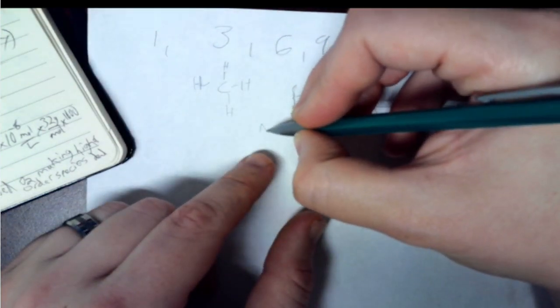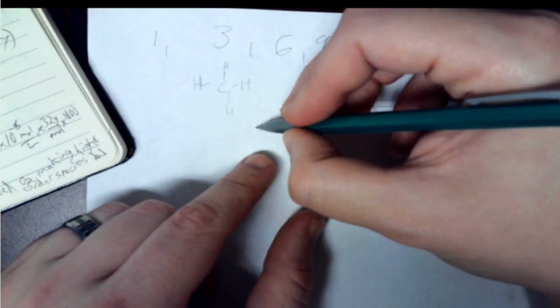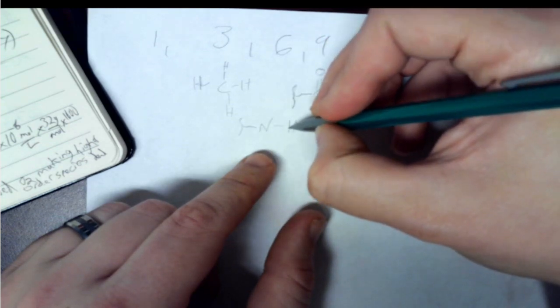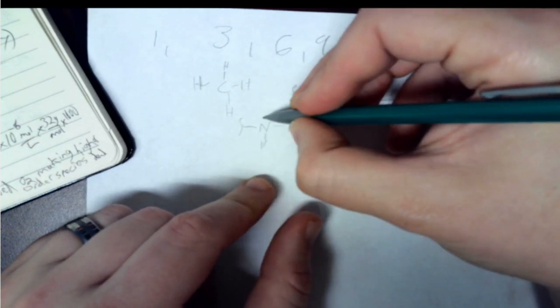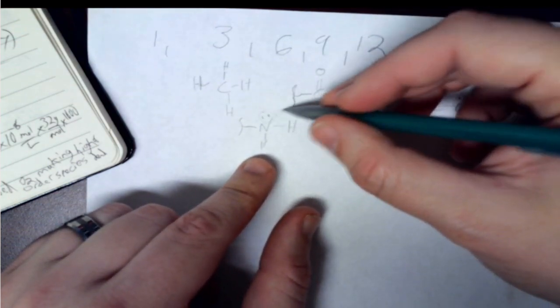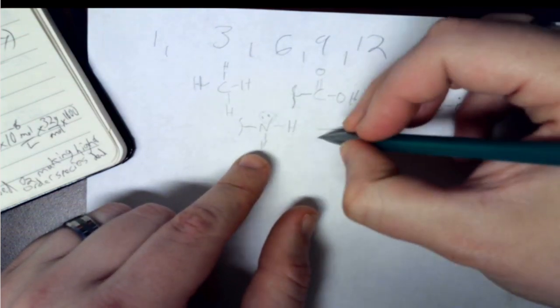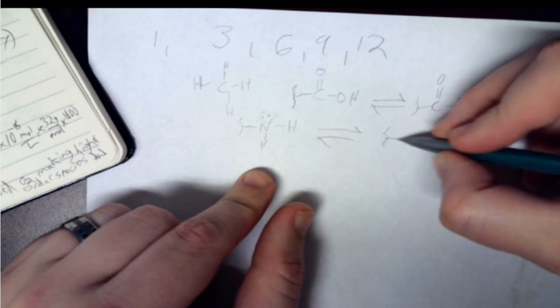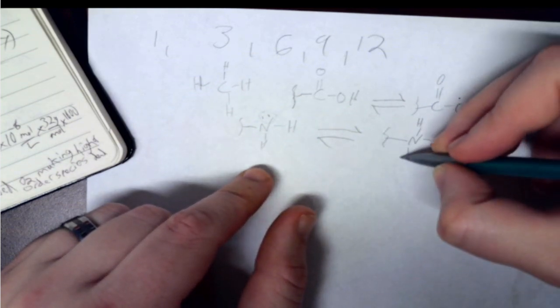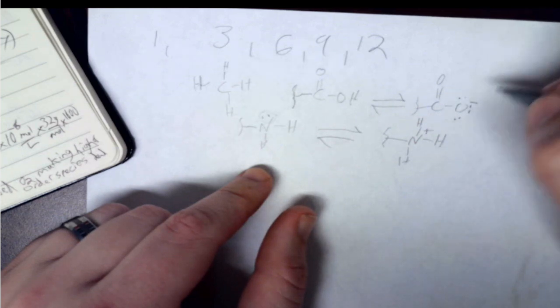Now, nitrogens can be acidic, but they can also be basic. In fact, they're usually more basic than not, because they have a lone pair that can accept a proton to become a cationic state. However, here's why we have a net negative versus positive.